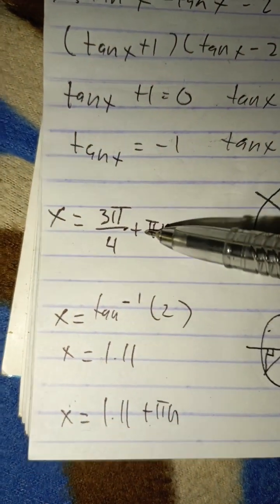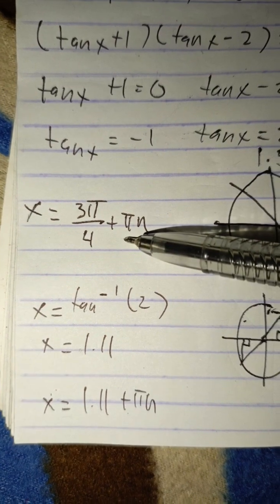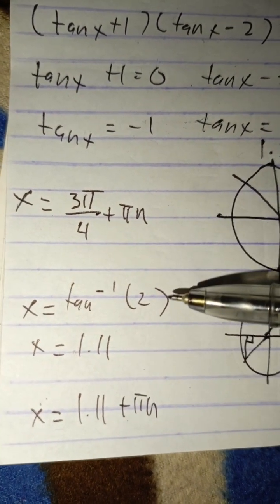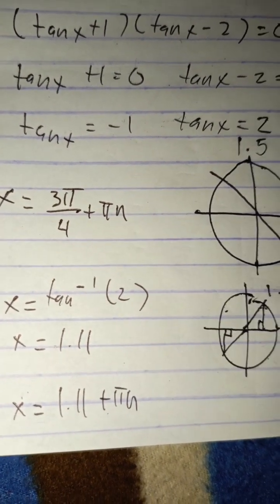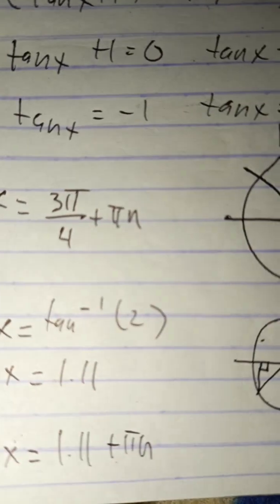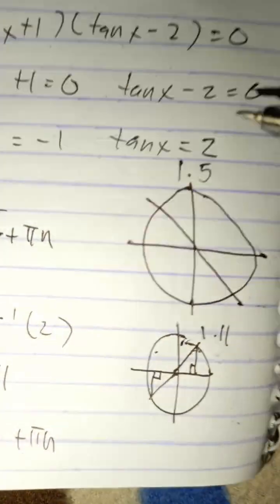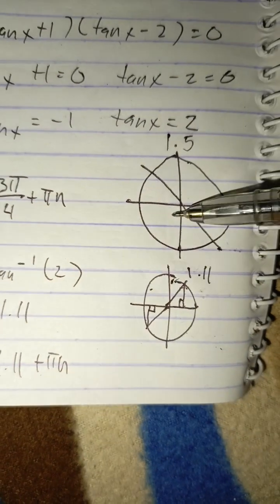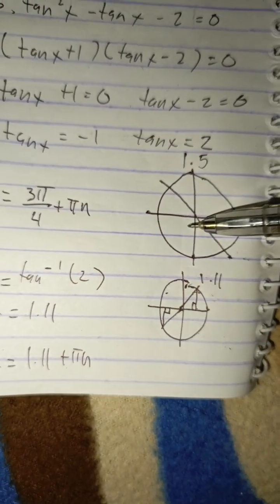Now, 3 pi over 4 is just the value for the interval of 0 to 2 pi. Now, if we're going to make it into a general equation, let's just first have our table.